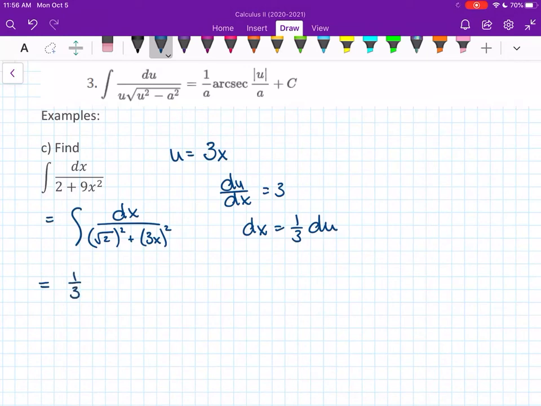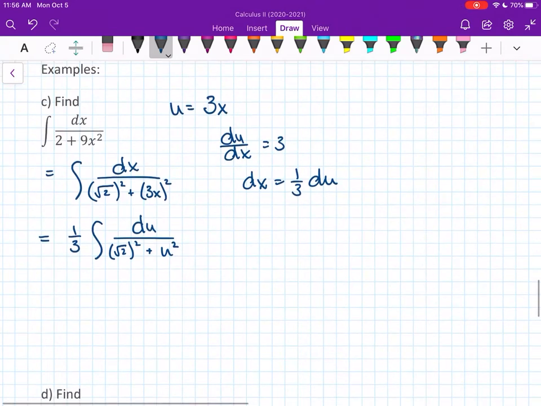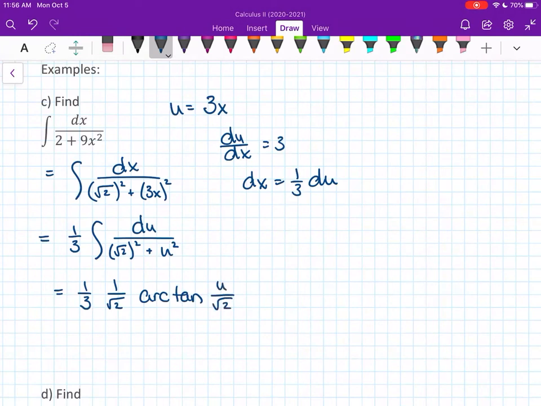So then if I go ahead and substitute this in, I get 1/3 times the integral of du over the square root of 2, squared, plus u squared. And so now I have something that resembles the formula a little bit more closely. And so my a value is the square root of 2. So in my formula now, I have 1/3 from the front, and then 1 over a, so 1 over the square root of 2, and then arctangent of u over a, so u over the square root of 2, plus c.